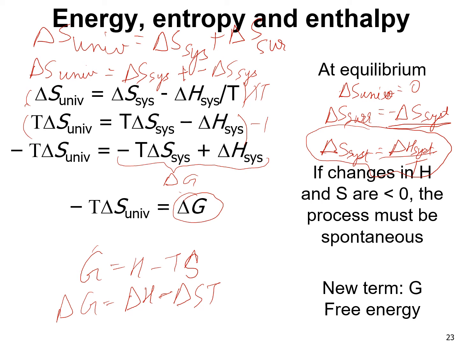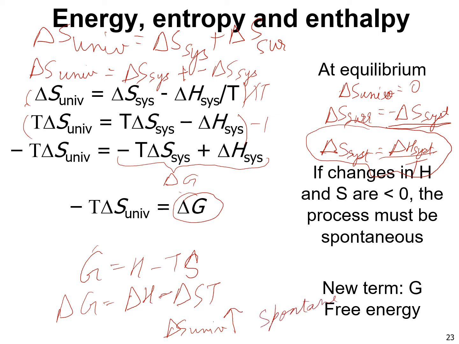The sign of delta G can help us predict if the reaction is spontaneous or not. Why? Because we know from the second law of thermodynamics that delta S of the universe will always increase when a reaction is spontaneous.